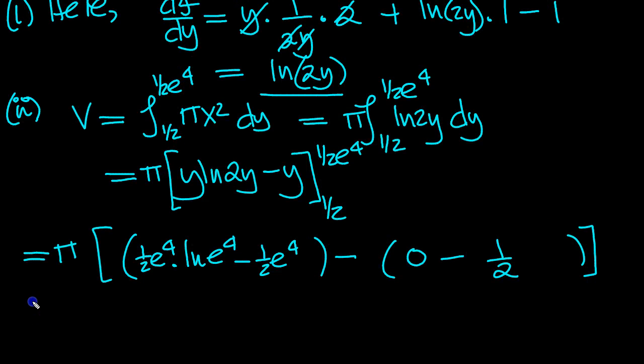So what do we get then? We get pi. Log e to the 4 is just 4, isn't it? Because the 4 comes down as 4 log e, which is 4. 4 times a half is 2 e to the 4 then, minus a half e to the 4 here, plus a half.